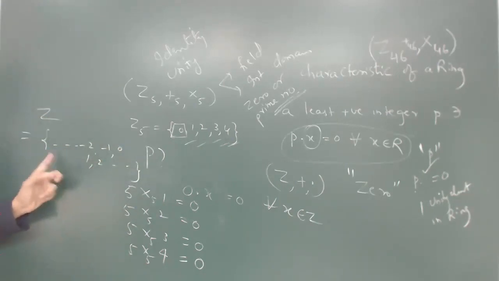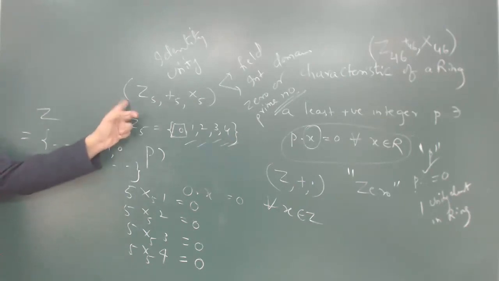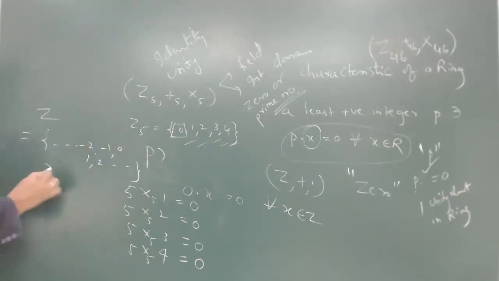This set I didn't consider here. On that set, we take the regular operations plus and dot, and its characteristic is 0 only because it is an integral domain. Okay? Is the confusion clear?